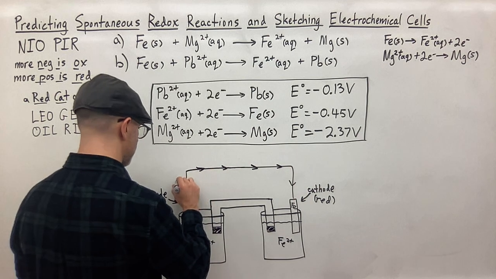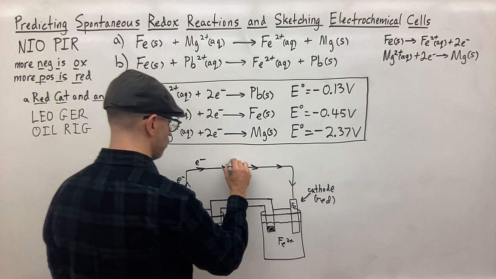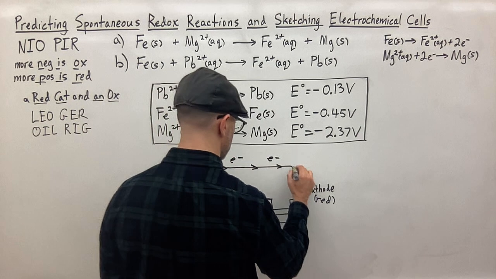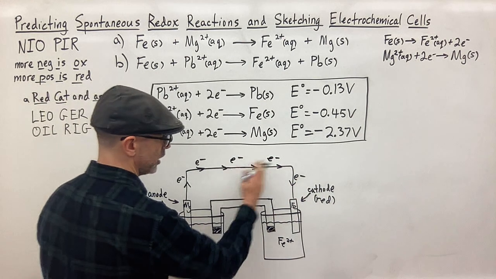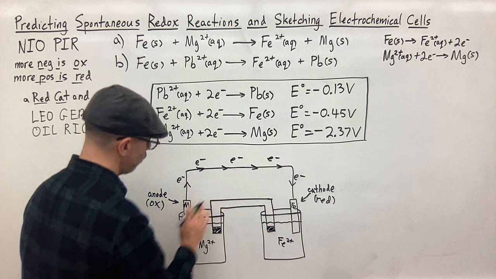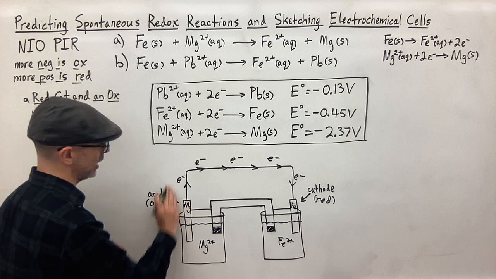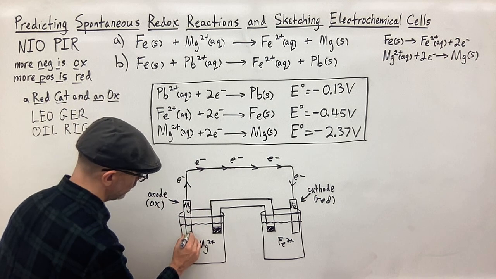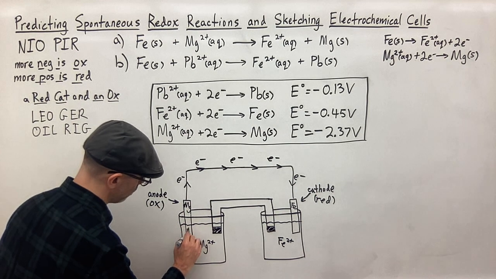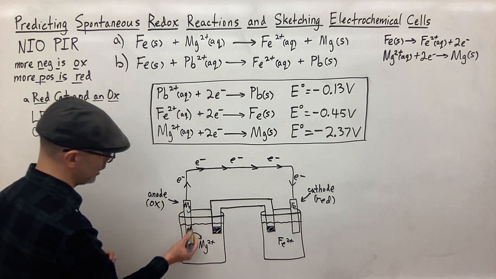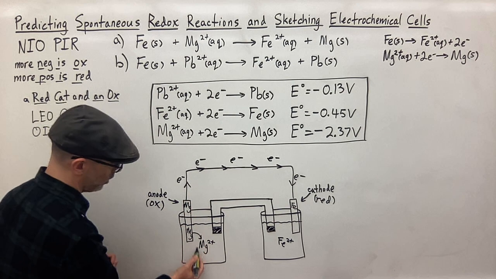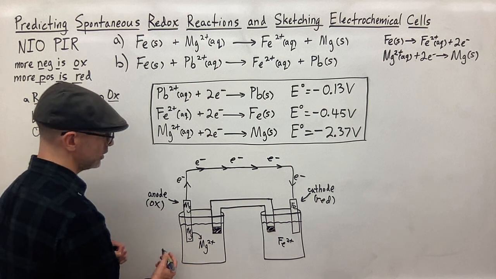So these are the electrons moving. And the electrons are going to come from the magnesium. So the magnesium metal is going to give up the electrons. So here's magnesium, it's going to give away its electrons and then form magnesium 2+.